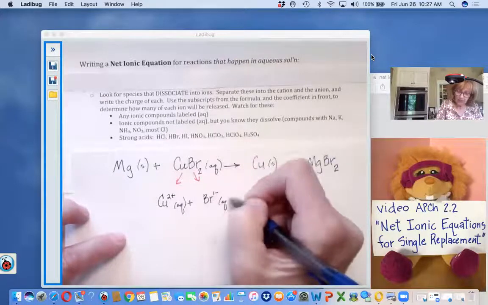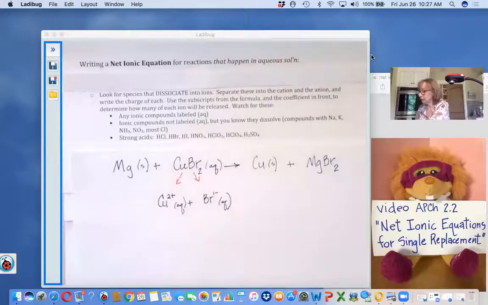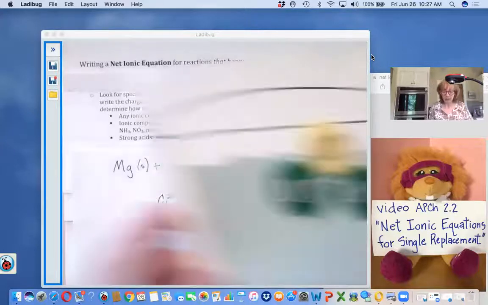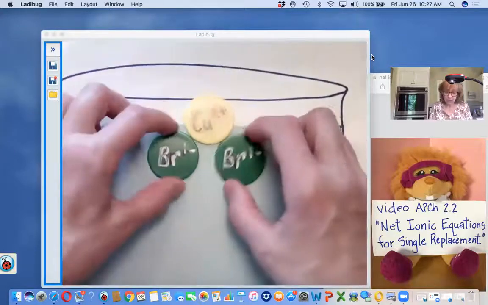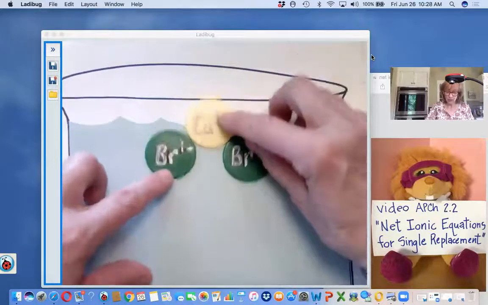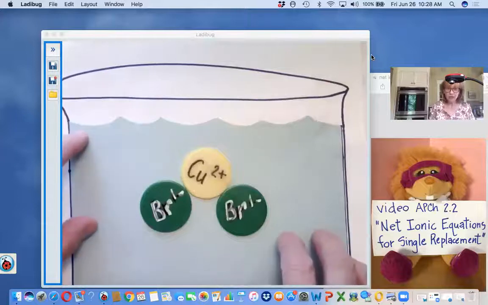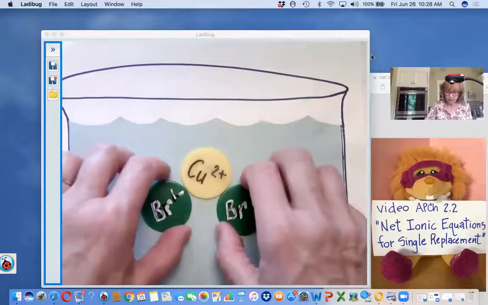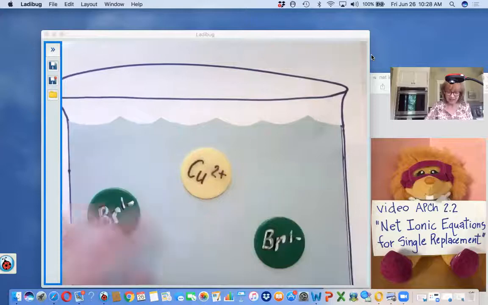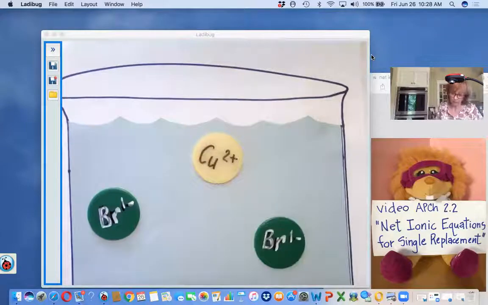anions. Now, I want to pause for just a minute and show you what's happening in the beaker. When this ionic compound went into solution, remember in the dissolving process, the action of the water molecules physically rips the cations and anions away from each other.